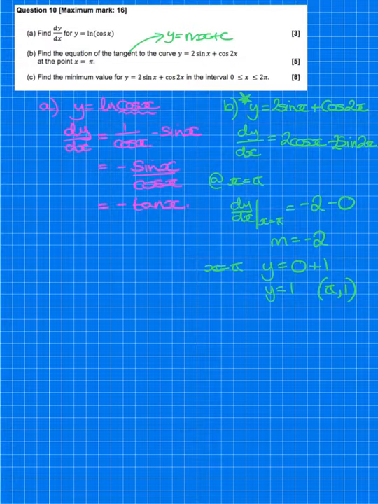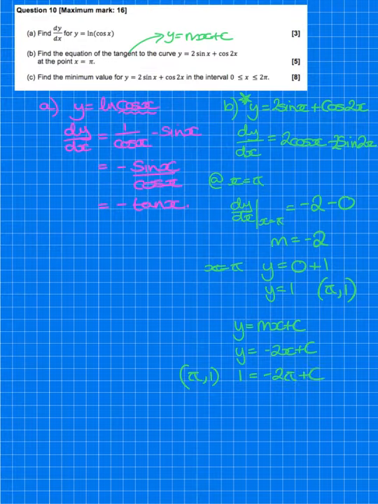So what we know so far is we're looking for y equals mx plus c, and so far we know that y equals minus 2x plus c. But we do know that it goes through this coordinate pi comma 1. So that's 1 equals minus 2 times pi plus c.